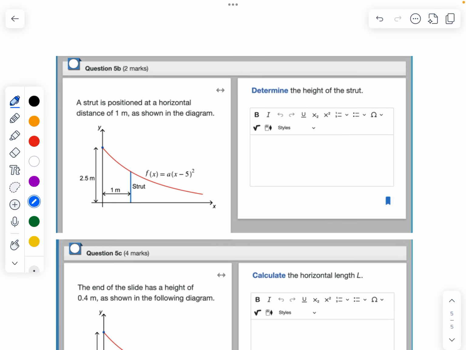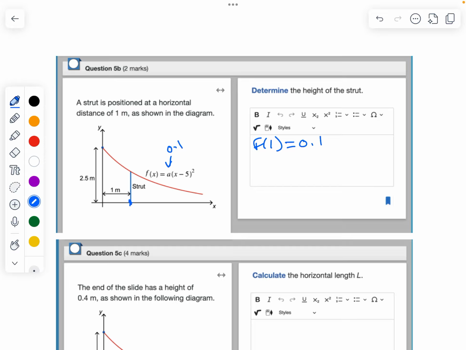This question has said that we are now positioned a meter from the top of the slide, and it wants us to know what the height of the slide is. So if we put that in, we know that a is 0.1, so we can use that. To work that out, I want to know what happens when x is 1.